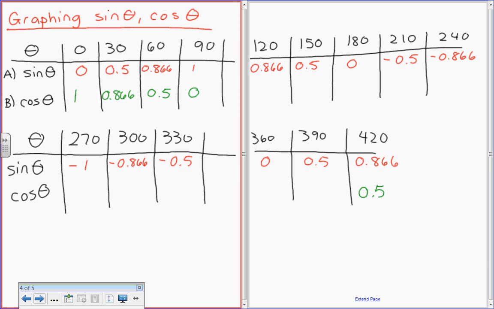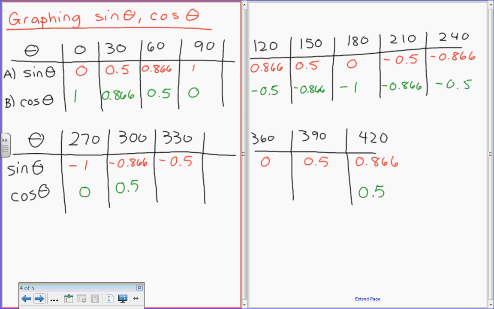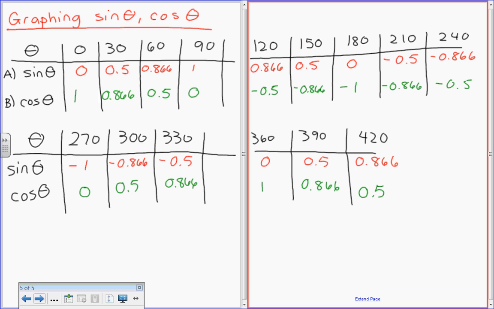So this is going to then be negative 0.5, negative 0.866, negative 1, negative 0.866, negative 0.5, 0, 0.5, 0.866, and 1, 0.866. Now you don't need to memorize these values, but we're going to do a graph of this one right now to make sure that we're feeling good about this.